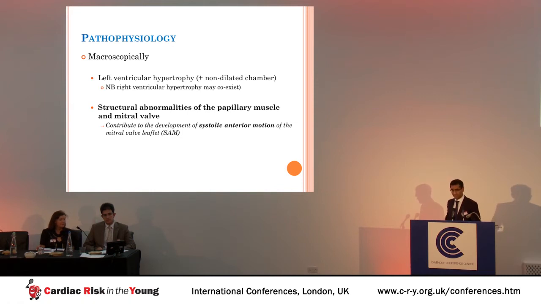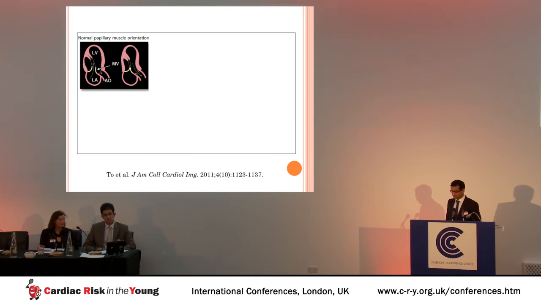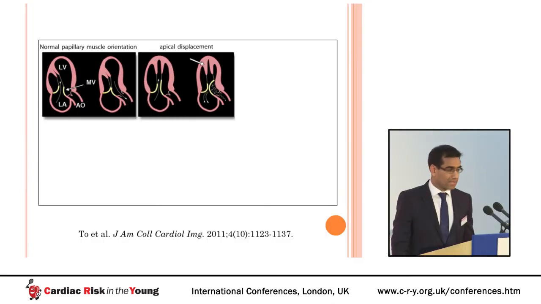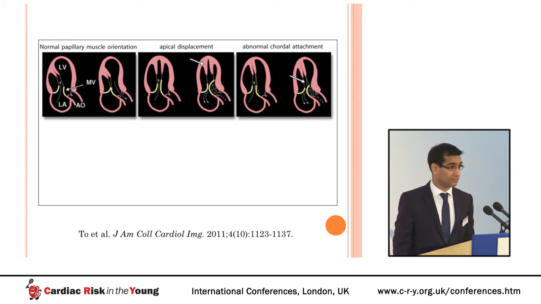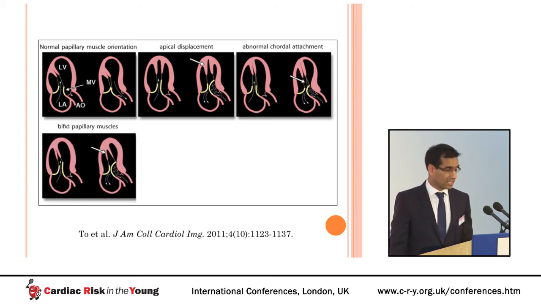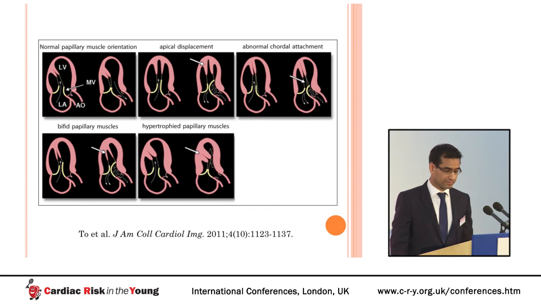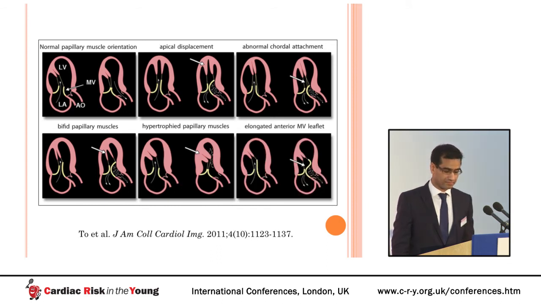I'll come back to talking about this later, but if we say that this is a normal papillary muscle architecture, changes in HCM that we may observe are apical displacement of the papillary muscles, abnormal caudal attachment of the mitral valve leaflets, bifid papillary muscles, hypertrophied papillary muscles, or elongated mitral valve leaflets.